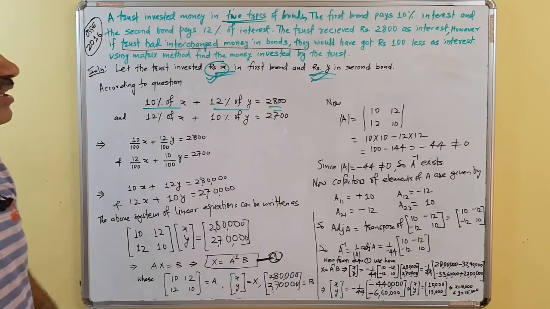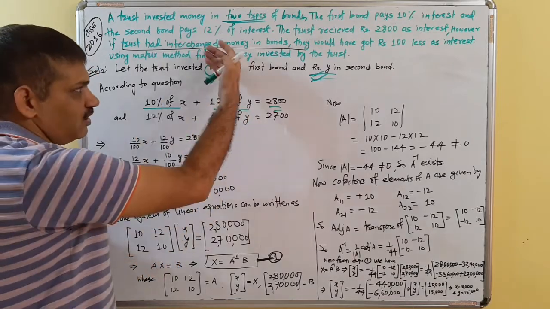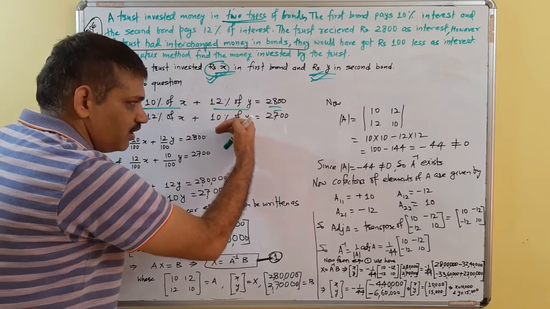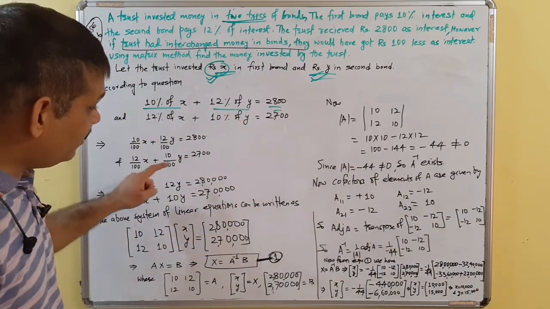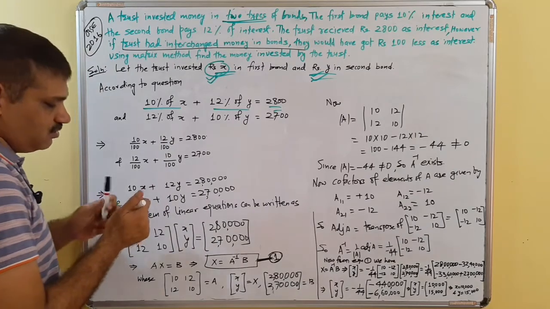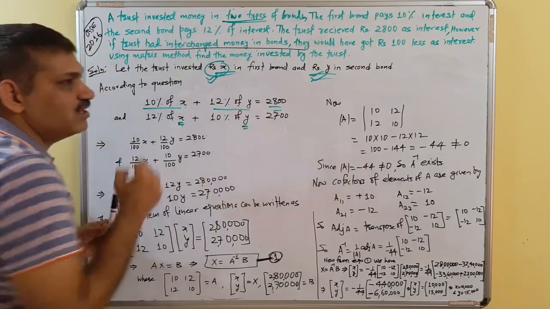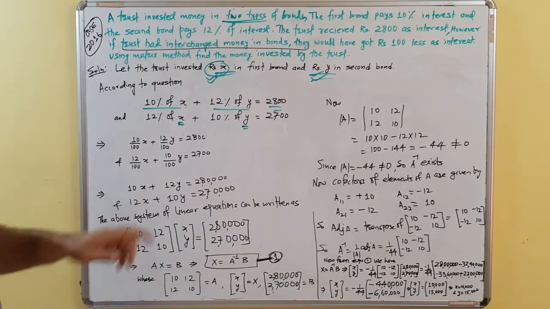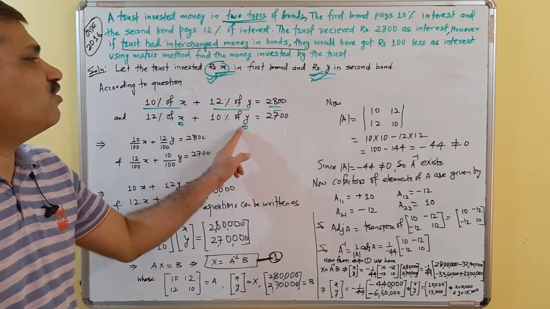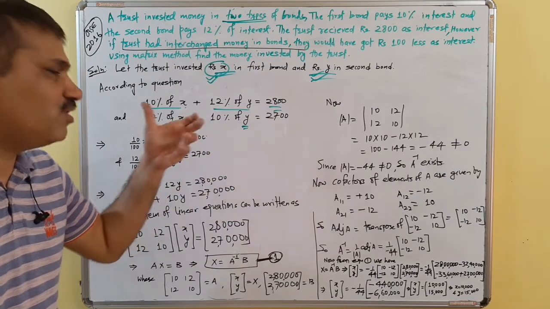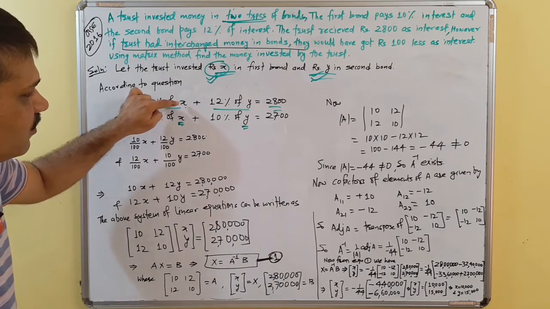Here the most important thing is, while converting the word problem to mathematical form, there is no problem at all, but while writing it in matrix form you must be aware that X must be below X and Y must be below Y. That means you are not going to write 10% of Y plus 12% of X is equal to 2700, because that will create a problem.